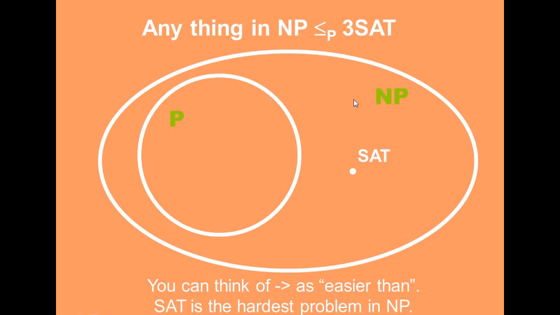Anything in NP is polynomially reducible to SAT and then to 3-SAT. That means here SAT is acting as the sorting. So if all NP problems are reducible to SAT, then SAT is the hardest problem.